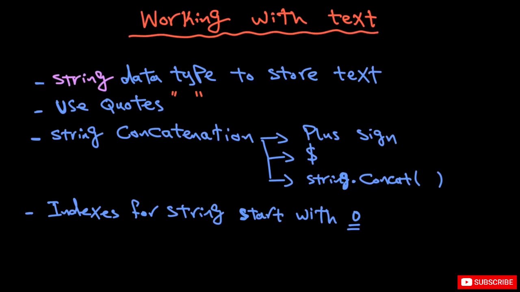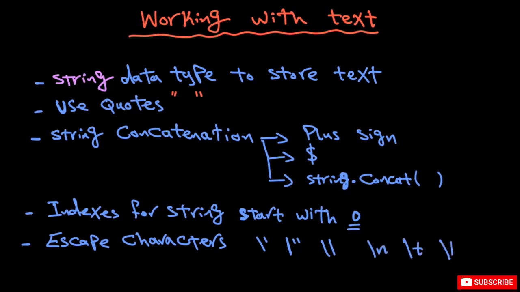In order to work with the string data type in the C# programming language, you should know about special characters. There are some special characters to work with strings. The first character is the single quote, and this is an escape character to escape a single quote in a string data type.